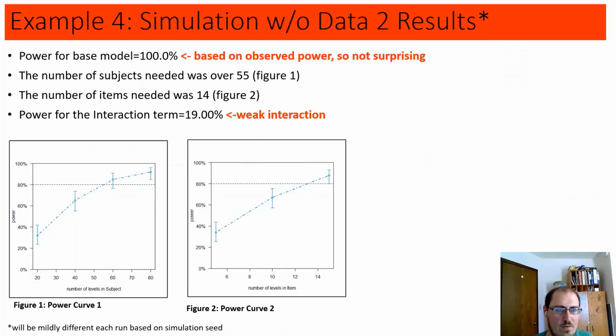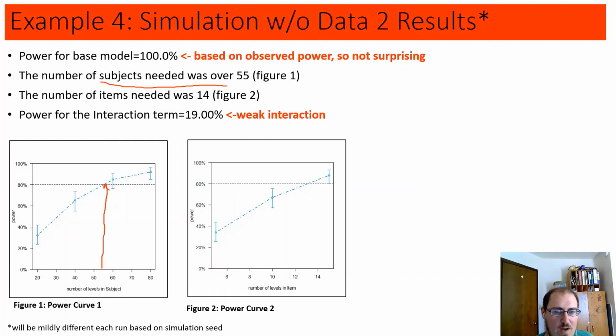What we found in our results from example 4 was the power for the base model was actually around 100%, slightly different depending on the simulation seed, which is not surprising because it was based on observed power. And we found from figure 1 that the number of subjects needed was over 55. It's kind of somewhere right in here.